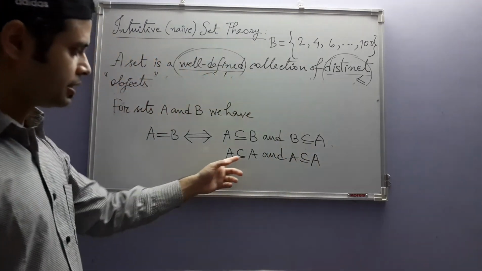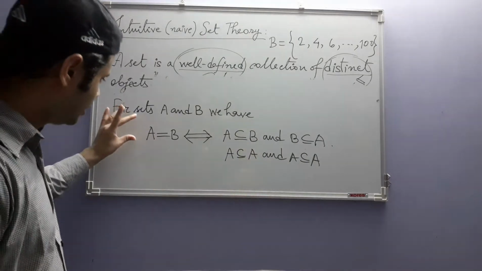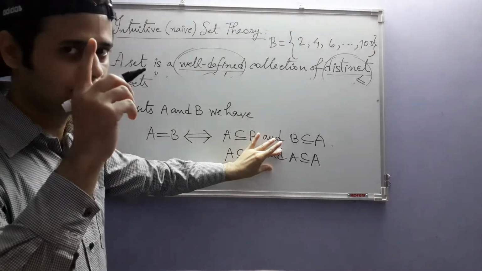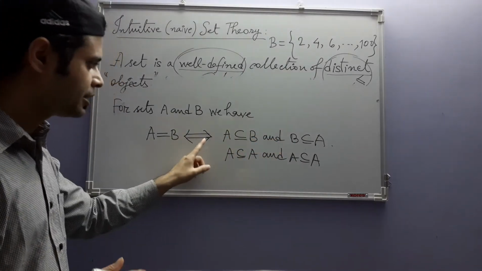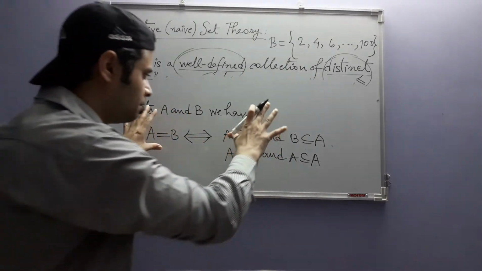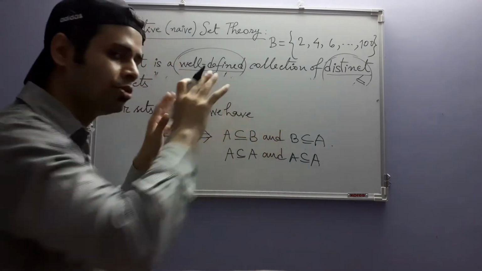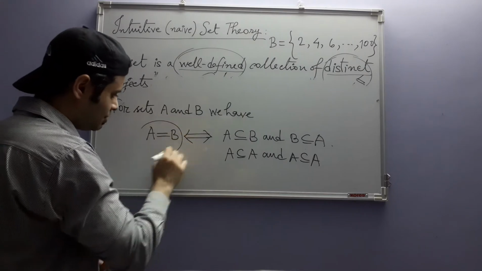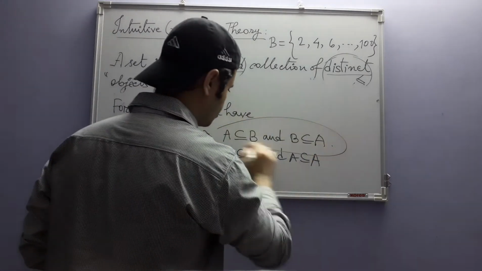We know every set is a subset of itself. So if this is true, then this is true. Remember the truth table. If and only if statement is true when either both the statements are true or both of them are false. Okay. So if this is true, then this is true.